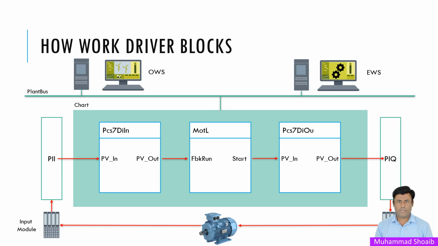So I will summarize this whole driver block again. Suppose we have a motor. From the motor, we are getting the run feedback signal. The input module will read the electrical signal from the motor. Then it will write that value in the process image of input, PII.